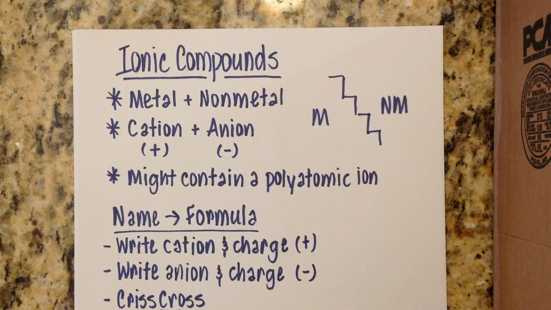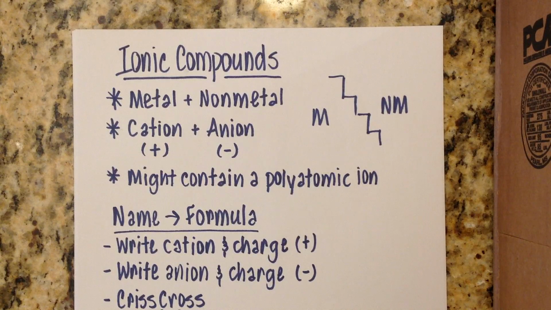I'm hoping at this point, if you're not one of my students, you have been introduced to the polyatomic ions. I can put those up later and just make sure you know what those are, but I'm talking about things like sulfate, nitrate, hydroxide, those really common polyatomic ions that show up especially in this beginner chemistry course.